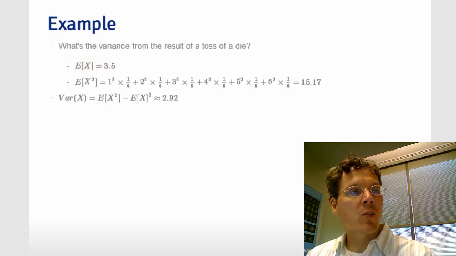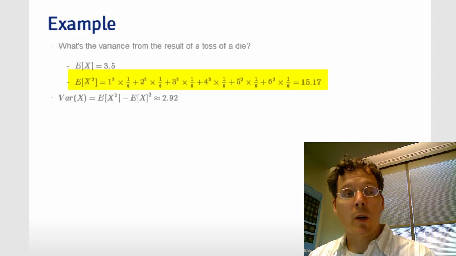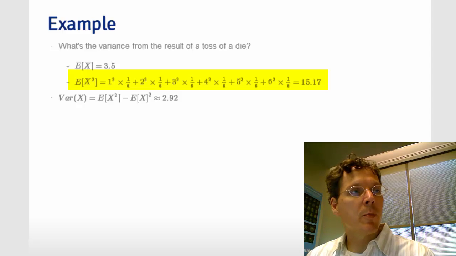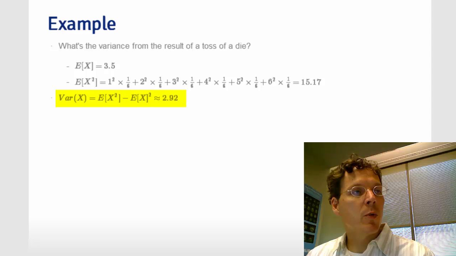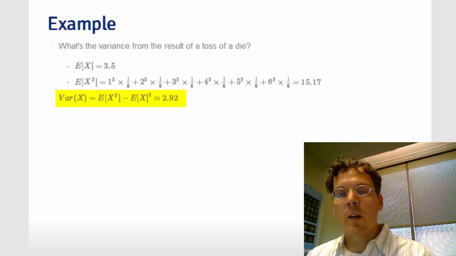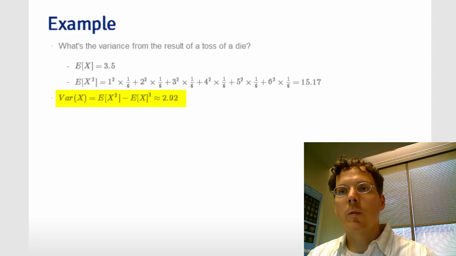The expected value of x squared, I really haven't given you a formula for how to do that, but think of it as the expected value of the random variable that you get by rolling a die, then squaring the result. You can do that by simply taking the numbers 1 squared, 2 squared, 3 squared, 4 squared, 5 squared, and multiplying by their associated probabilities, and you get 15.17. So if I subtract 15.17 minus 3.5 squared, I get 2.92, which is the variance of a die roll.